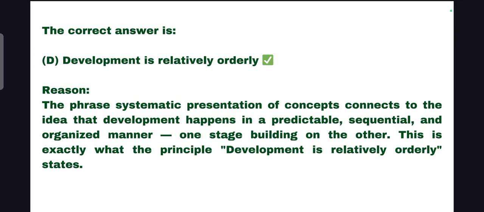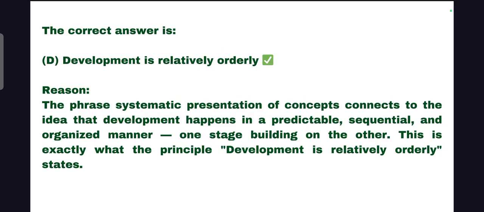For example, we take a concept and present it in a systematic way. The word systematic implies a predictable, sequential and organized manner, one stage building on the other. This is exactly what the principle development is relatively orderly states.